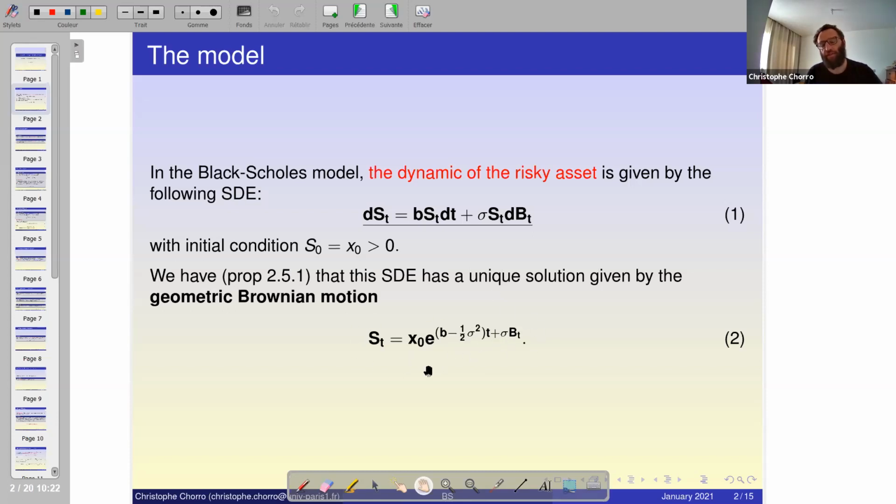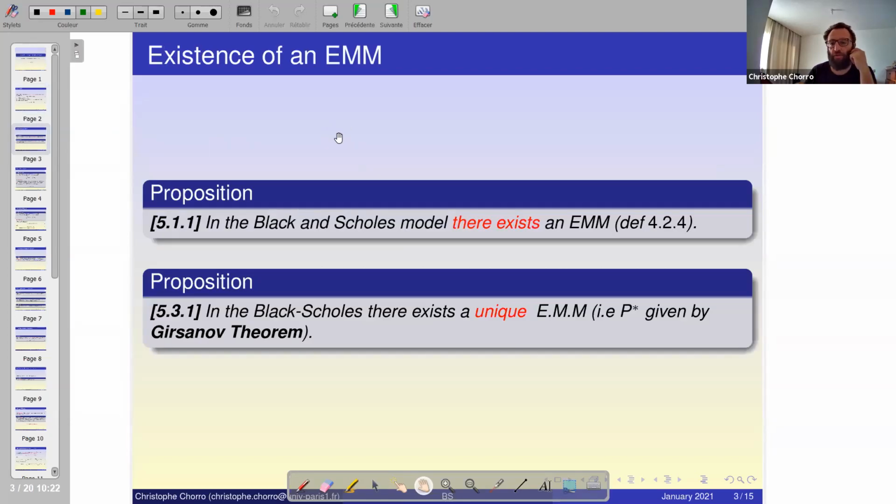So if I make this hypothesis for the risky asset, we have proved together in the previous session that in the Black-Scholes model, there exists an equivalent martingale measure, that is a probability equivalent to the historical probability that makes the actualized value of the risky asset a martingale under this new probability. We have proved the existence using the Girsanov theorem. And we have also proved the uniqueness of this equivalent martingale measure, and the uniqueness is obtained using the martingale representation theorem.